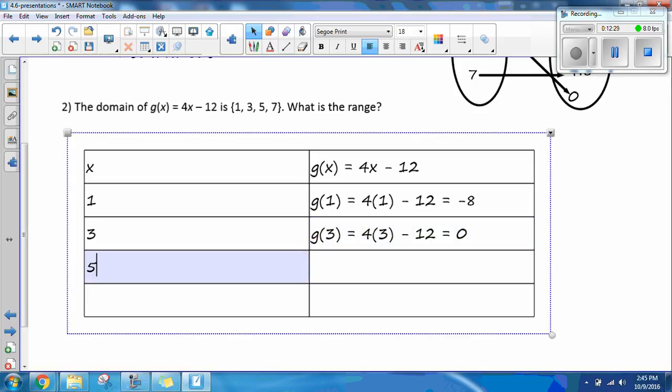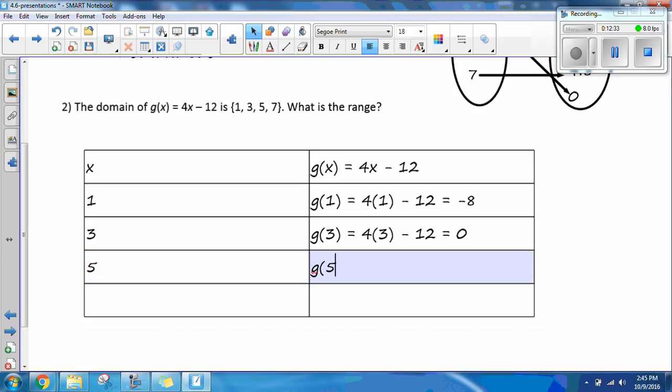Next domain value is 5, so the function g, when x equals 5, or g of 5, equals 4 times 5 minus 12, which equals 8. And the last one, g of 7, equals 4 times 7 minus 12, which equals 16.